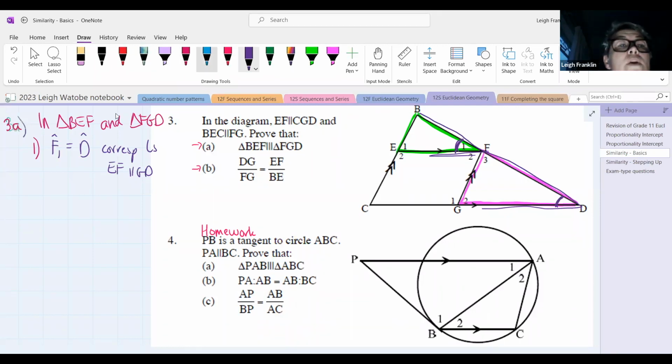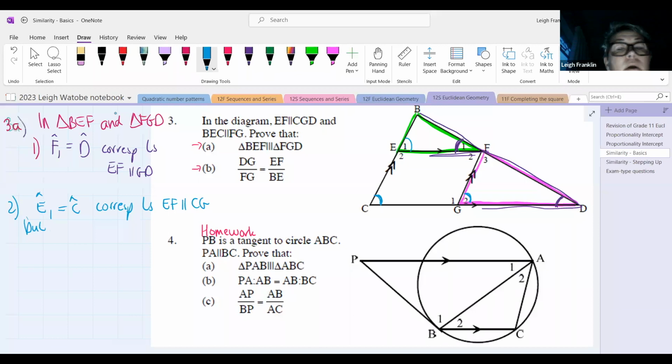That would be our first starting point. Or we could have started with this one. Angle E1 is corresponding to angle C, and angle C is corresponding to angle G2. So therefore G2 and E1 are equal. Here we would set that out as follows. We would say that E1 equals C because they are corresponding angles, because EF is parallel to CG.